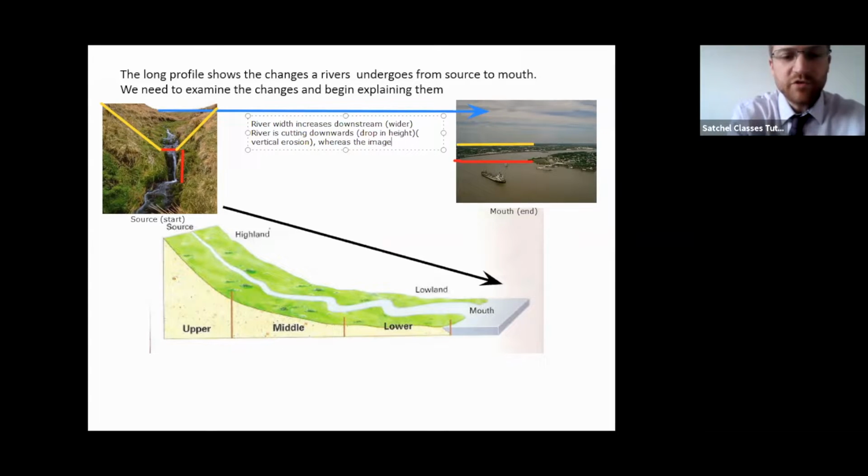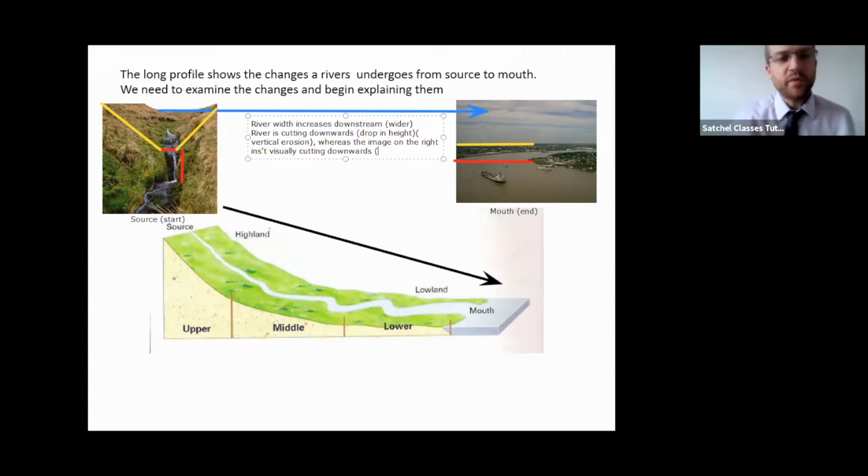whereas the image on the right isn't cutting downwards. Okay.